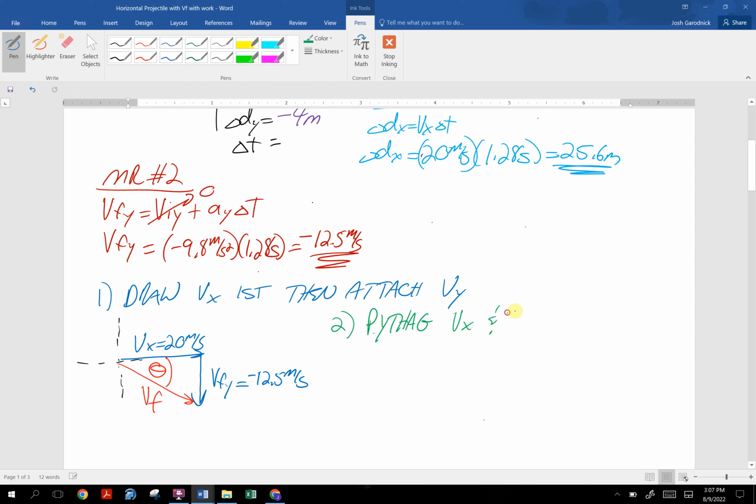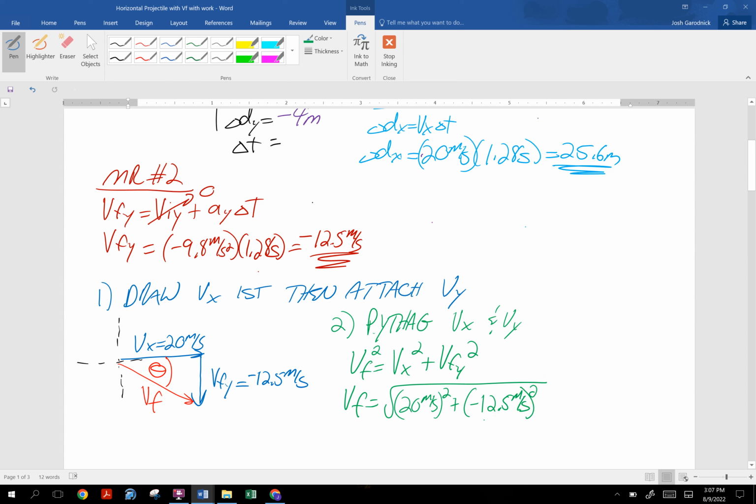Vx and Vy. So the final velocity overall in this particular case is, again, just going with Pythag, a squared plus b squared equals c squared. I get Vf is the square root of 20 meters per second squared plus, I'm going to put the negative in here because I have to, but on my calculator I will not.